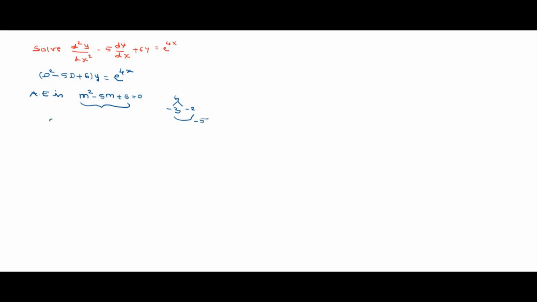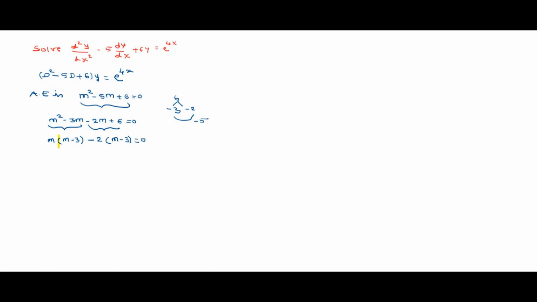So we can write it as m square minus 3m minus 2m plus 6 is equal to 0. From the first two terms you can take m common, leaving m minus 3. From the last two terms you can take minus 2 common, again leaving m minus 3, is equal to 0.